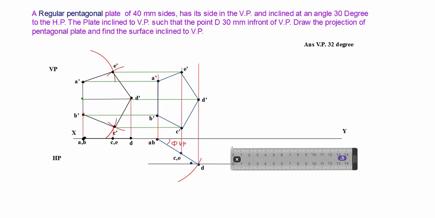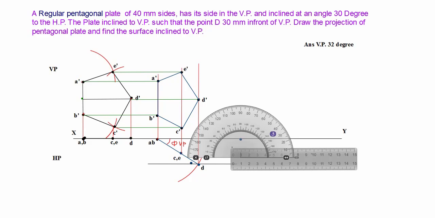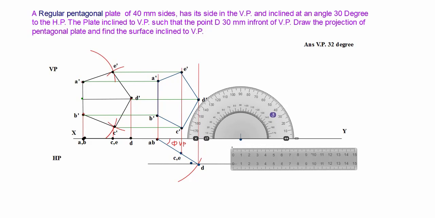So what do we do? We rearrange this elevation, because side inclined to HP means we rearrange our elevation inclined to XY line. So for that, first we mark one reference point. At this reference point, we draw the 30 degree inclination line.